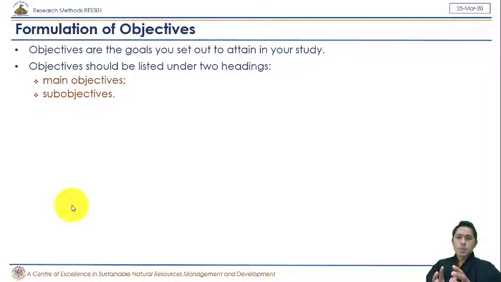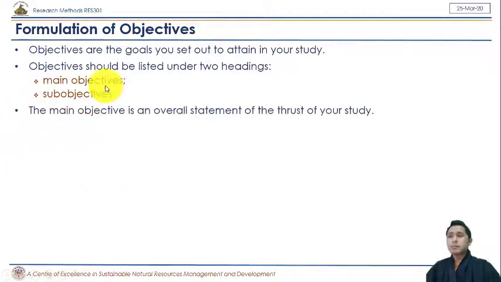Please write objectives under 2 headings every time. One is going to be the main objective or the overall objective, and the second is going to be the sub-objective. The main objective is the overall statement of thrust. For example, let's get back to lichens. My overall objective is to study the diversity and distribution of lichens in Wangdi Phodrang district.